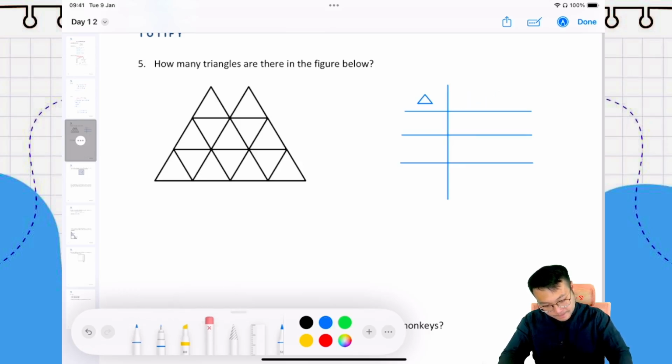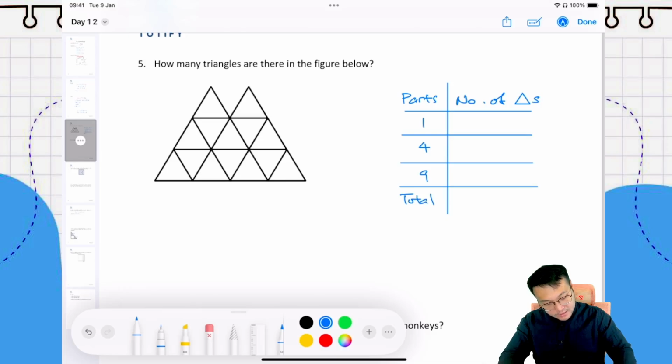Okay, I'm going to write down parts and I'm going to write number of triangles. 1, 4, 9. Then we're going to say total.